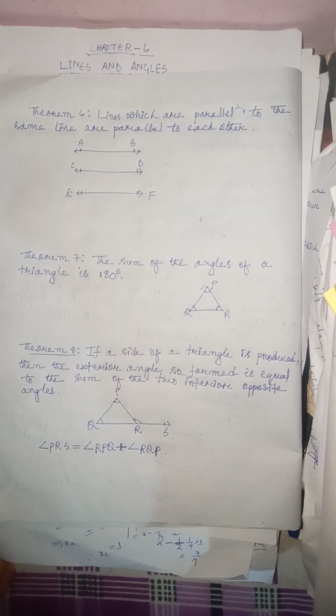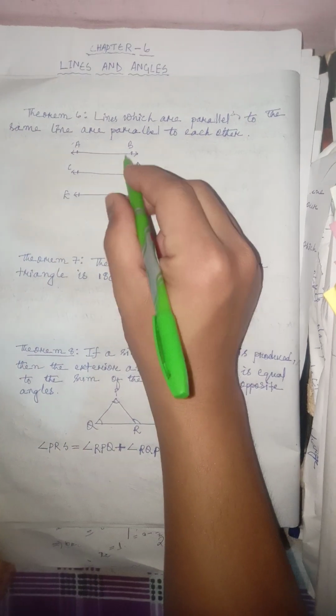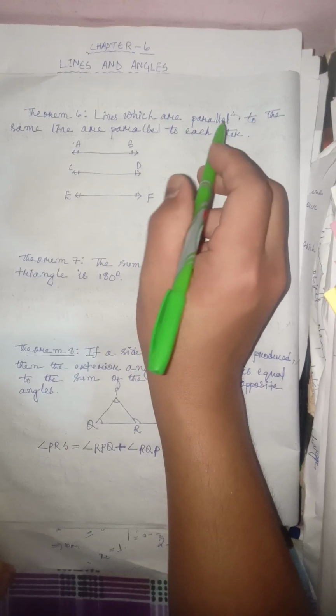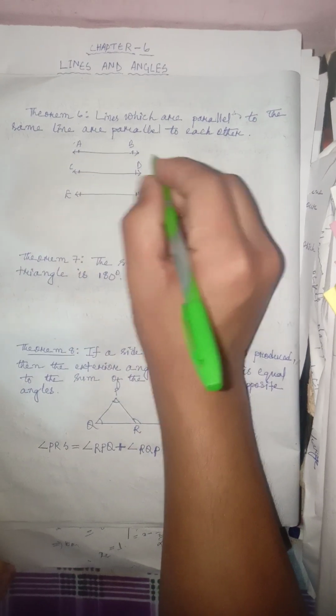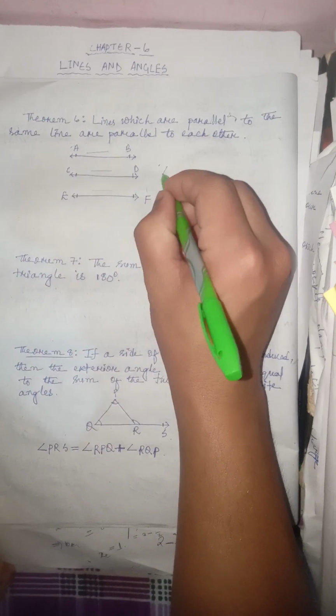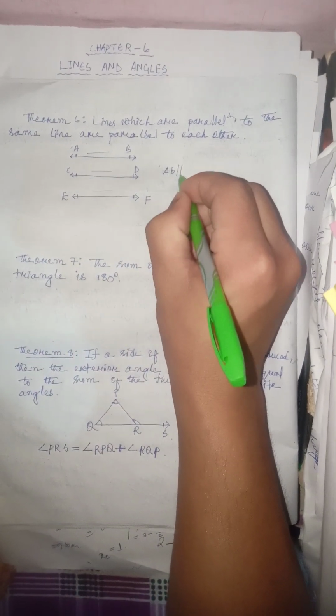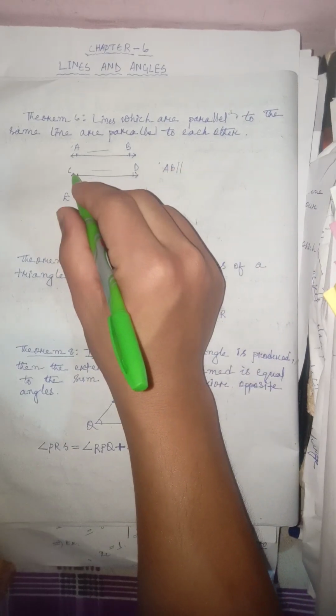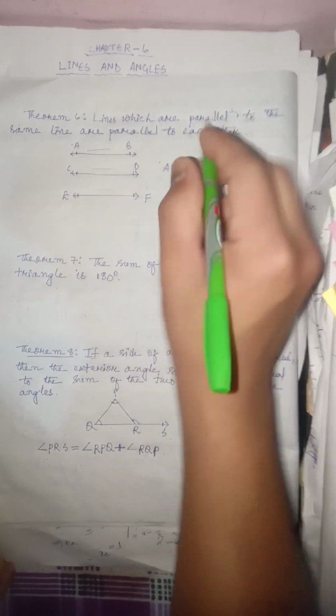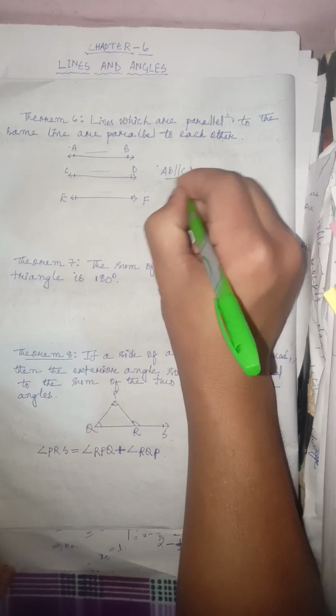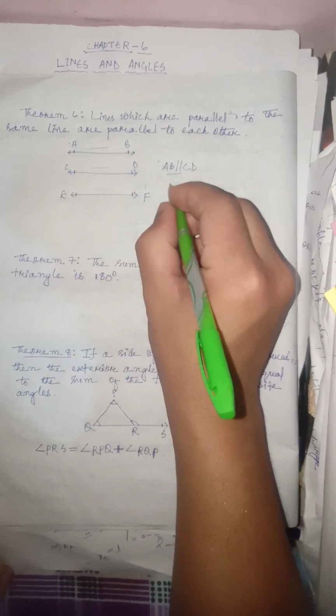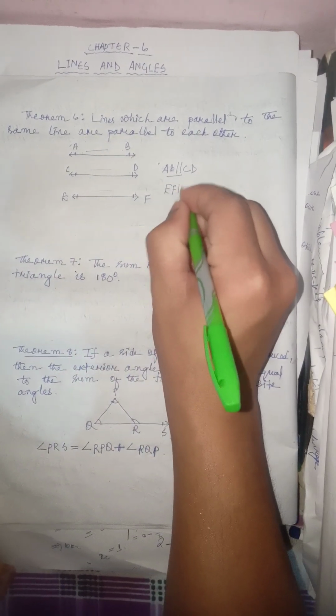To begin, let us start with this one. Lines which are parallel to the same line: line AB is a line, CD is also a line, and EF is also a line. AB is parallel to CD, and after that let us take EF.